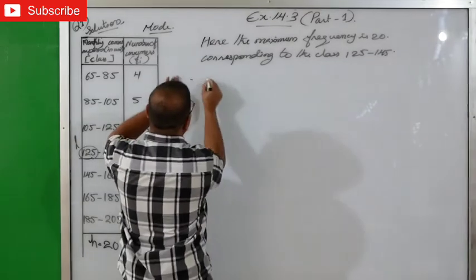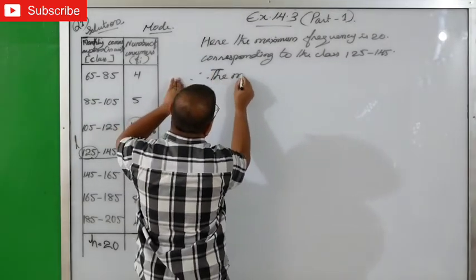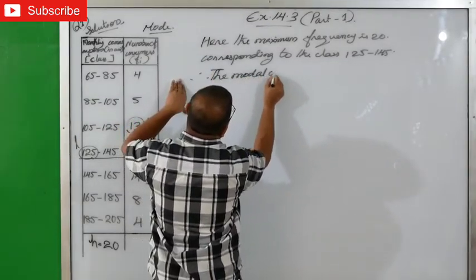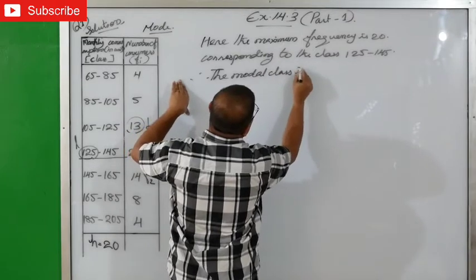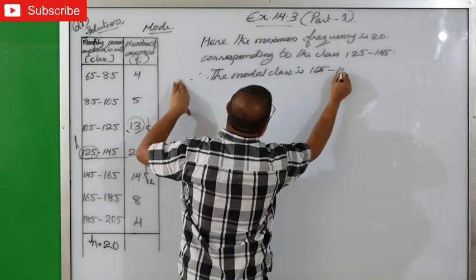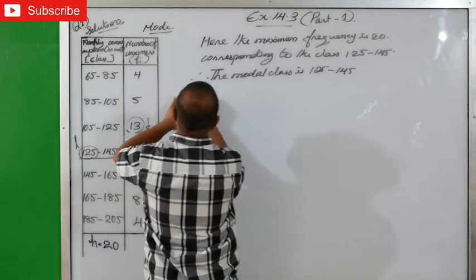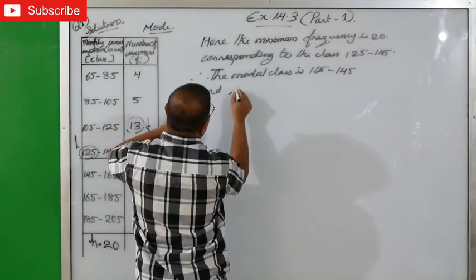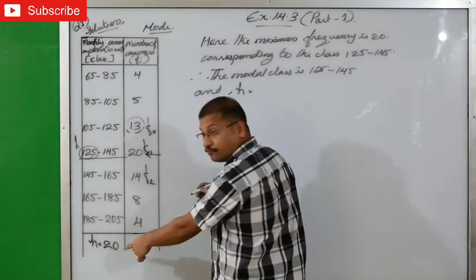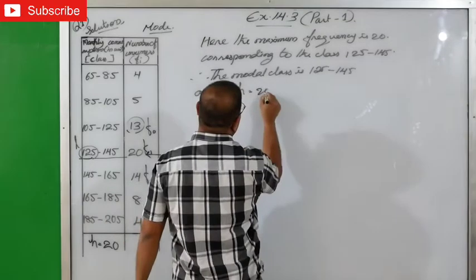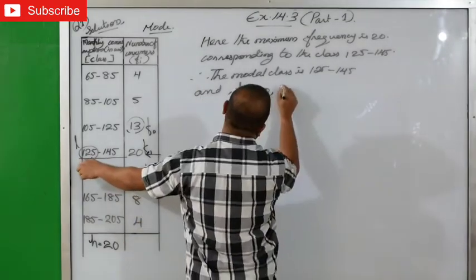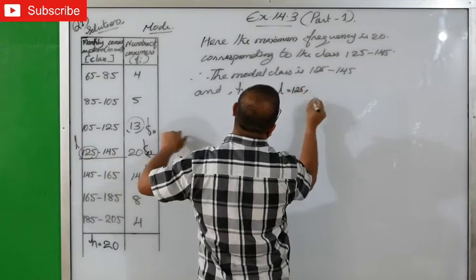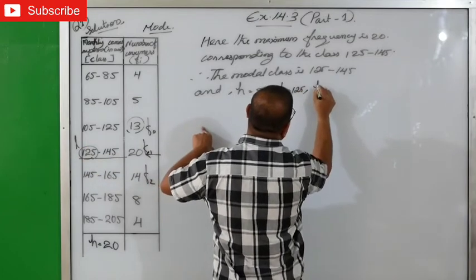Therefore, the modal class is 125 to 145. And what is the value of H? We got it, 20, isn't it? So 20. What is the value of L? L is 125. And what is the value of F0?